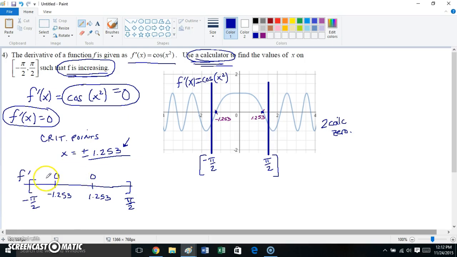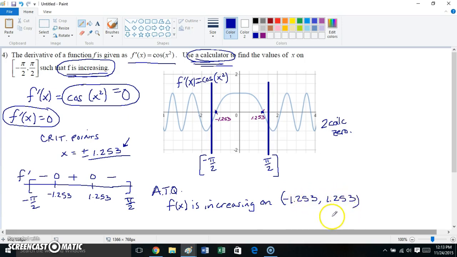Okay, and we can see that the graph is negative to the left of negative 1.253, positive between, and negative to the right. So in answering the question, f of x is increasing on the interval negative 1.253 to 1.253.